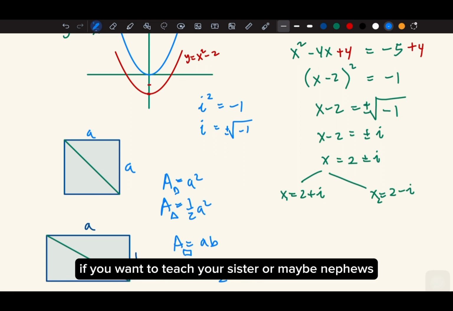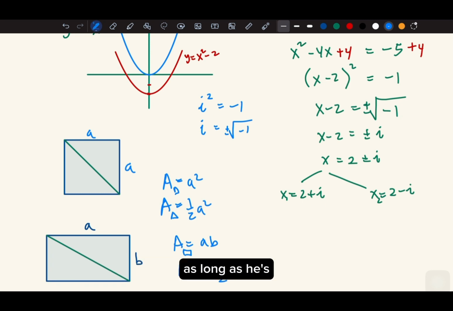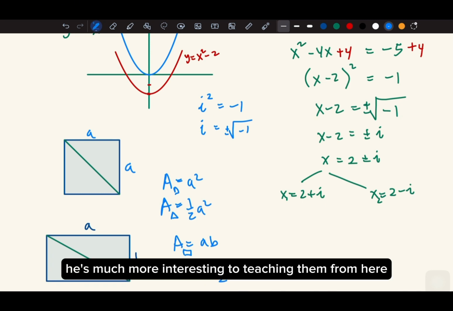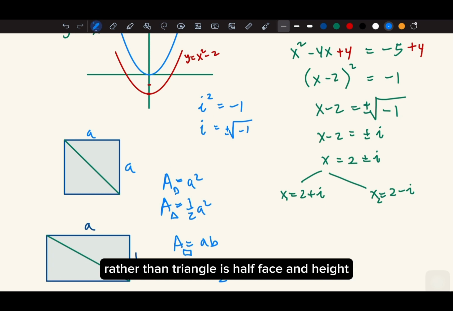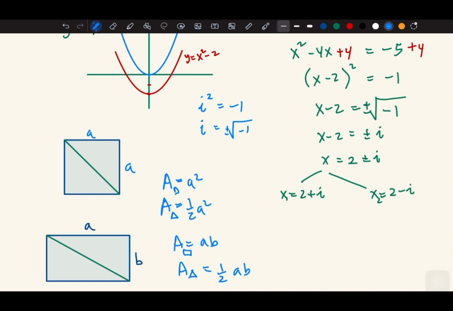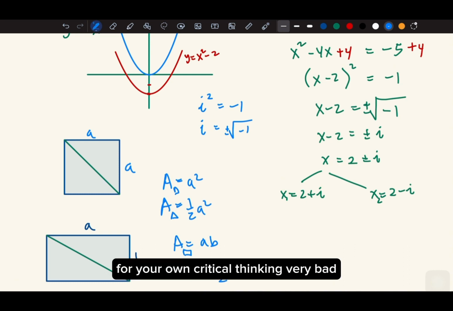If you want to teach maybe your sister or maybe small nephews, it's much more interesting to teach them from here rather than saying a triangle is half base and height. That's very bad for your own critical thinking.